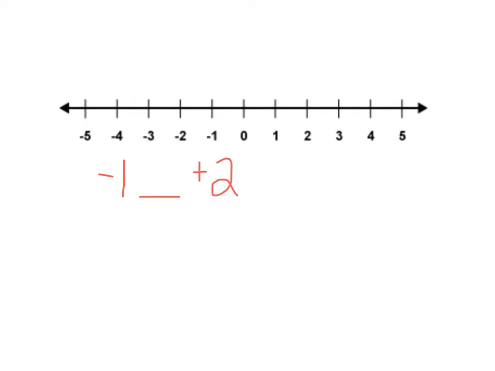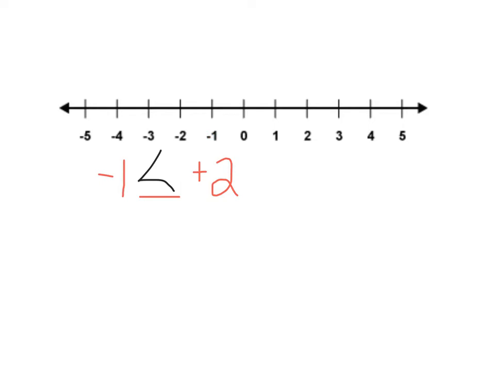The number on the left is going to be less, so -1 is less than +2. The opposite of that is also true. Any number that's on the right is greater than any number on the left.